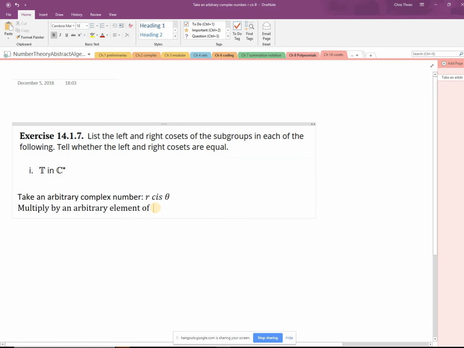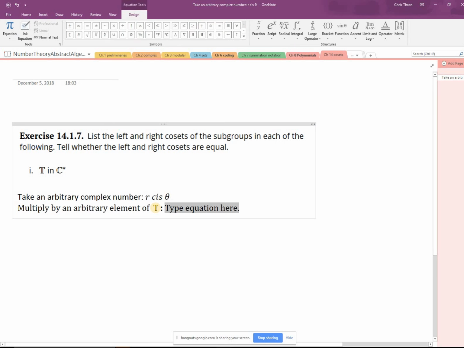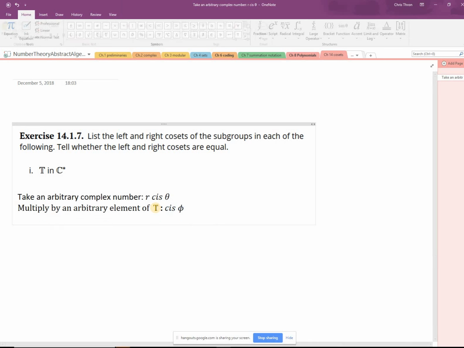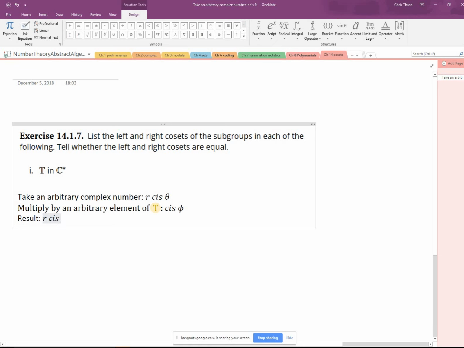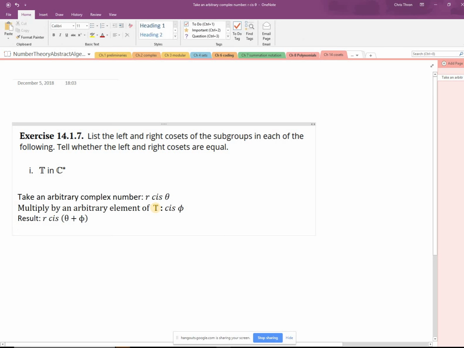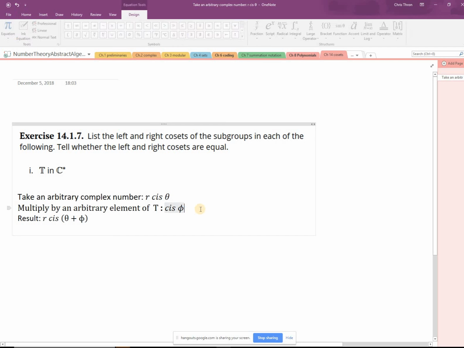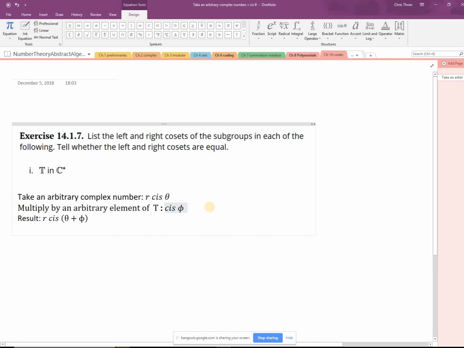Okay, here we go. So we'll call the arbitrary element of T, well, it's going to be cis phi. So the result is, I think somebody said, r cis theta plus phi.